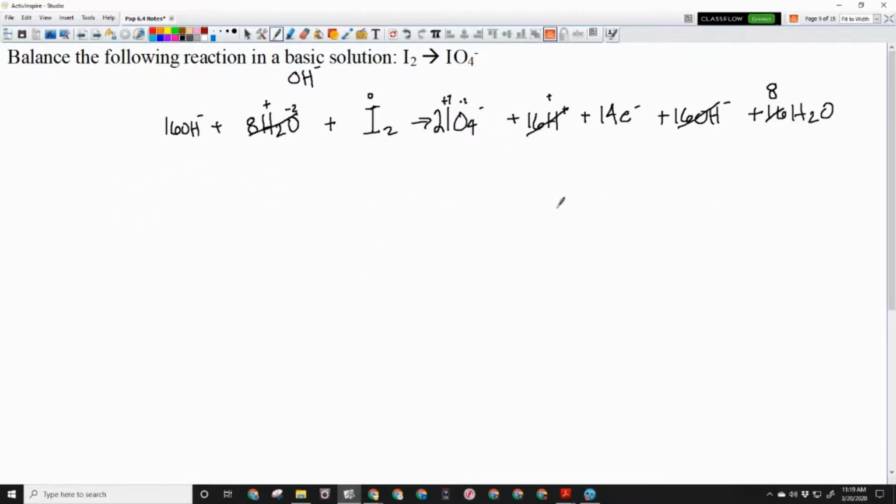So we're just going to rewrite this to get this cleaner looking. So we have 16 OH plus I2 yields 2 IO4 plus 14 electrons plus 8 H2O. Okay, that's going to be your final equation right here.